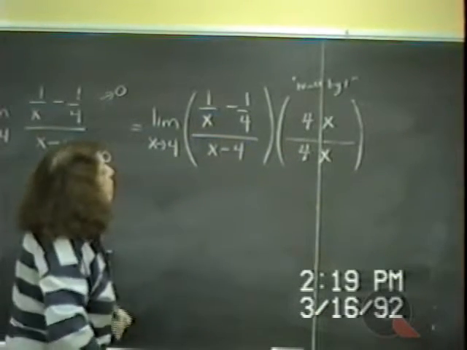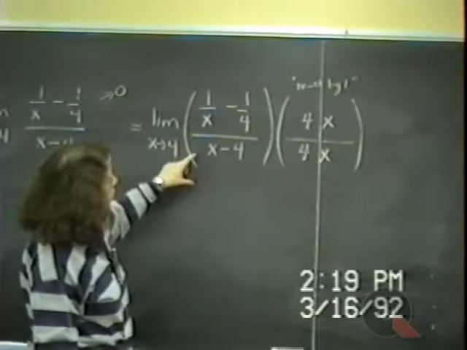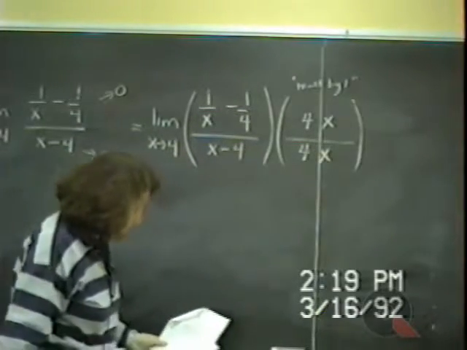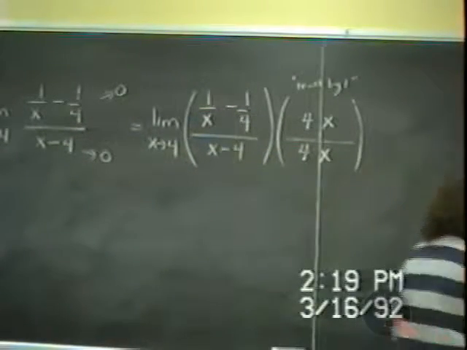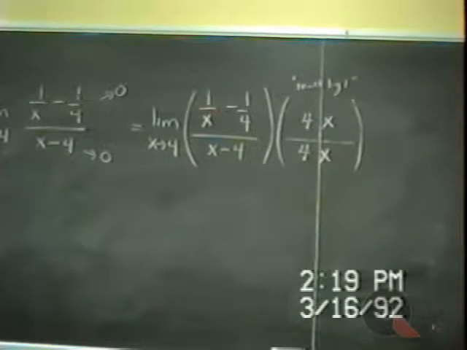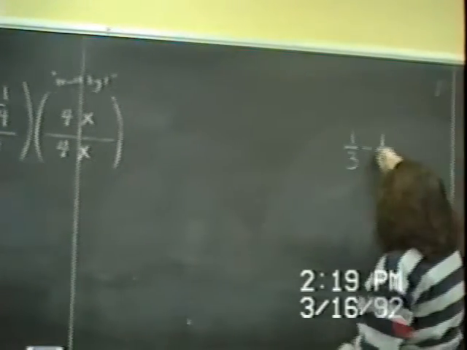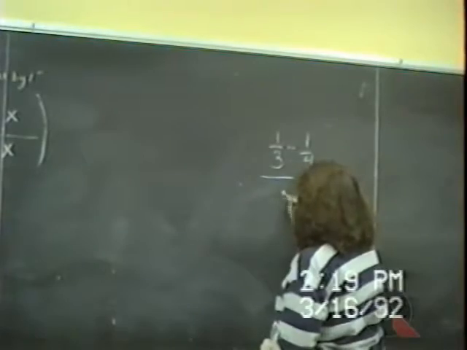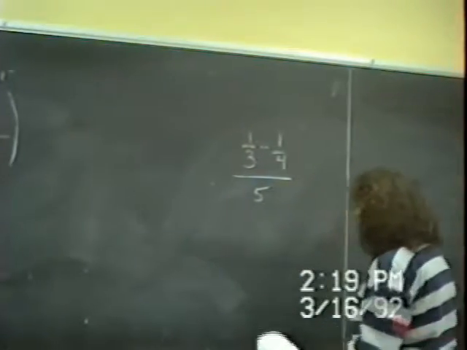This is a very common technique in simplifying complex fractions. Perhaps when you studied complex fractions, you had a problem like this, 1/3 minus 1/4 divided by 5.